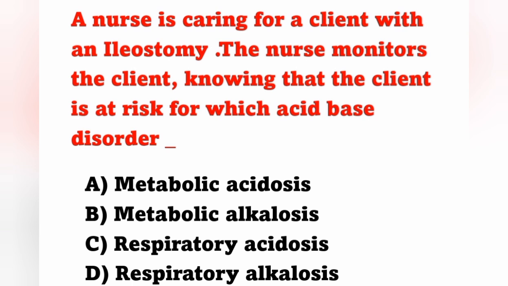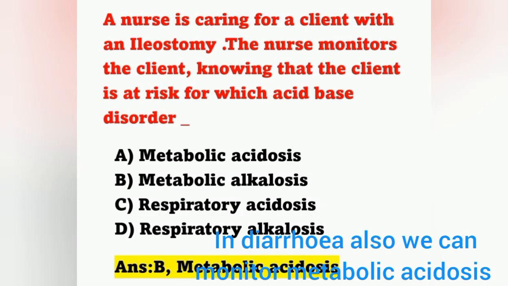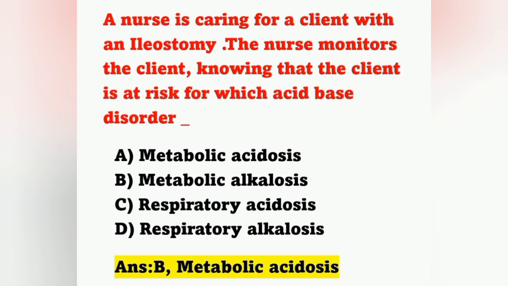This bicarbonate may be lost through the enteric drainage tube, that is, through the ileostomy, which can lead to metabolic acidosis. Likewise, in cases of diarrhea we can see metabolic acidosis. On to the next question.